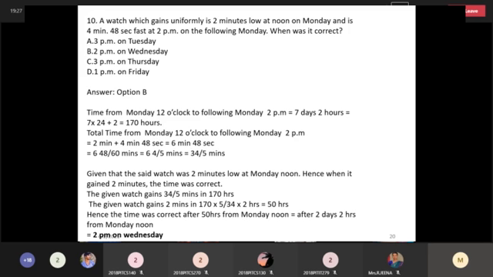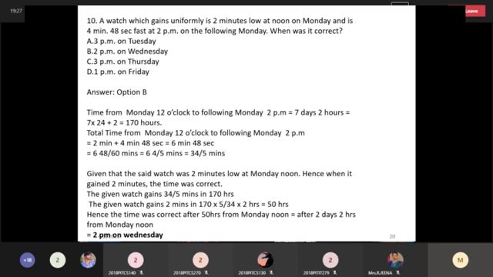So 6 minutes 48 seconds, divided by 60 minutes, is equal to 6 4/5 minutes. So 6 fives are 30, so 34 divided by 5 minutes. So the time from Monday 12 o'clock to the following Monday 2 p.m. is totally 7 days 2 hours. Let me repeat again: 7 days we multiply into 24 hours plus 2 hours, that is totally 170 hours.